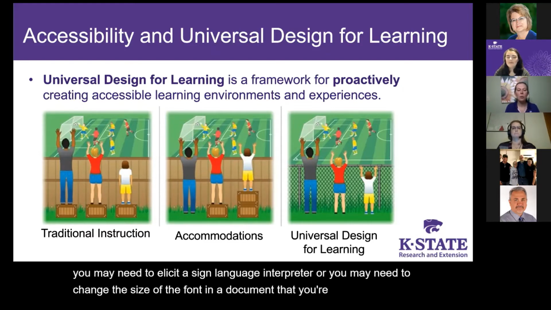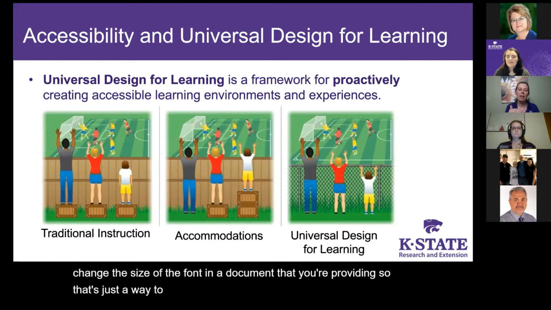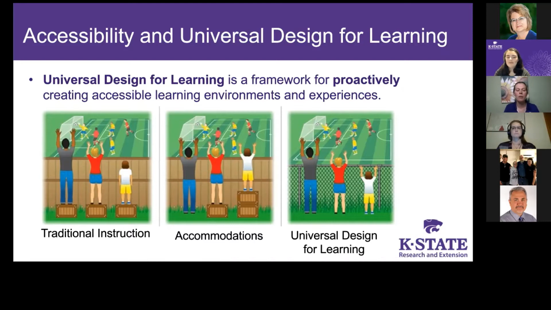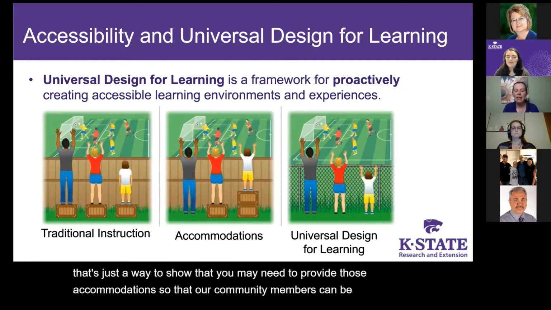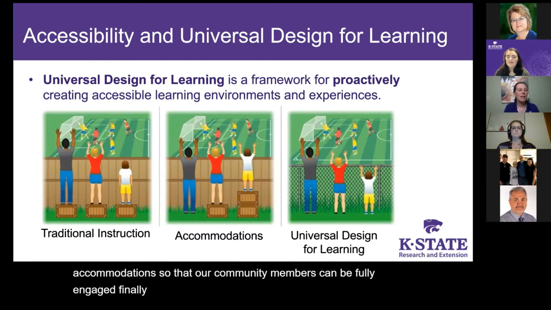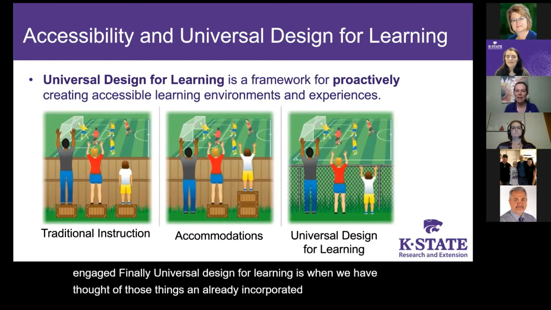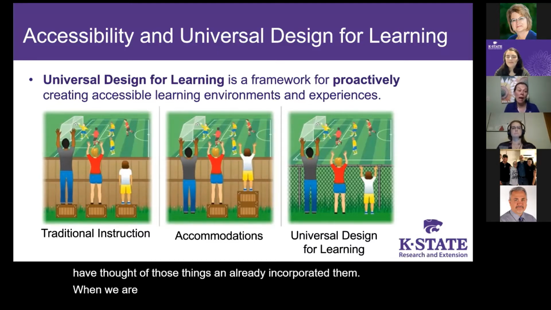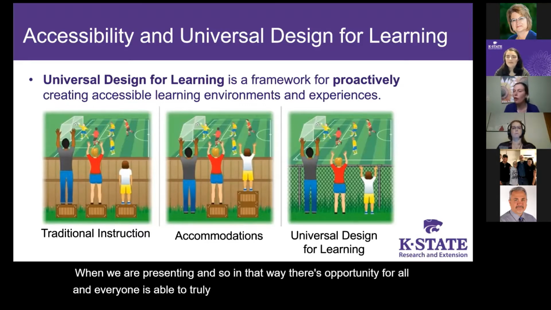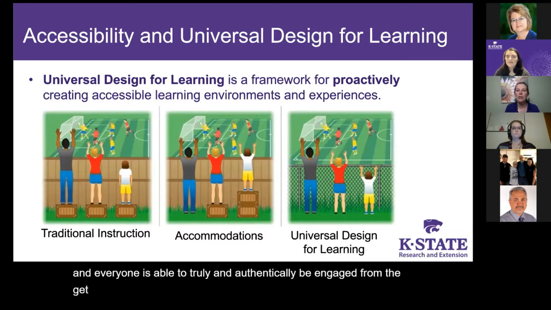So that's just a way to show that you may need to provide those accommodations so that our community members can be fully engaged. Finally, universal design for learning is when we have thought of those things and already incorporated them when we are presenting. In that way, there's opportunity for all, and everyone is able to truly and authentically be engaged from the get-go without even having to request it.